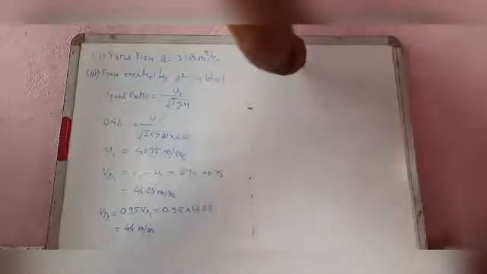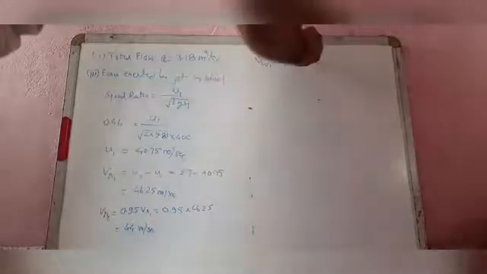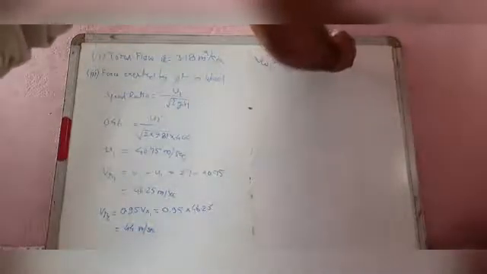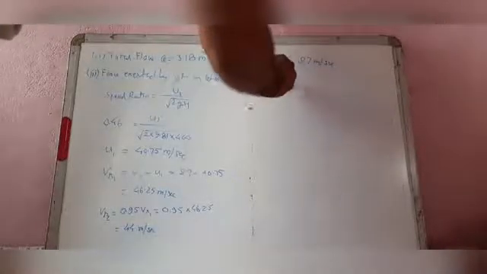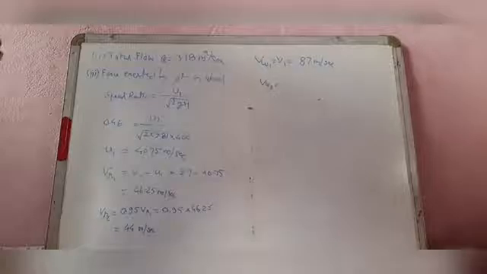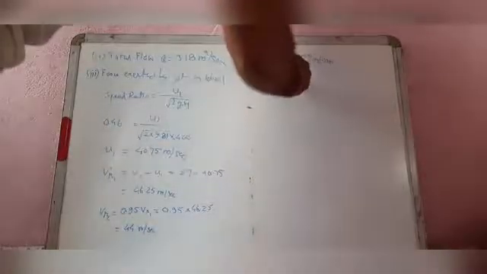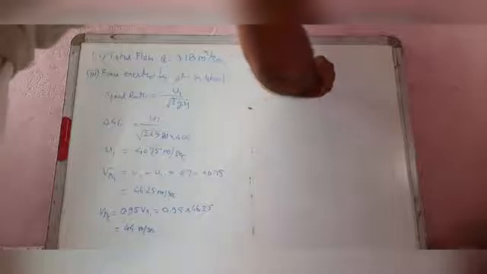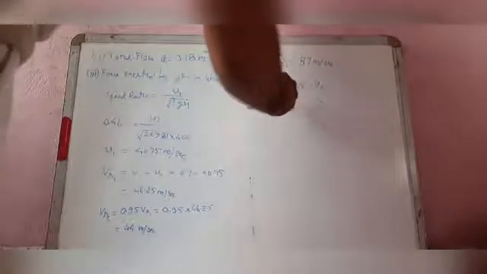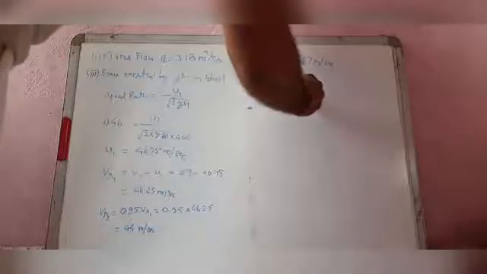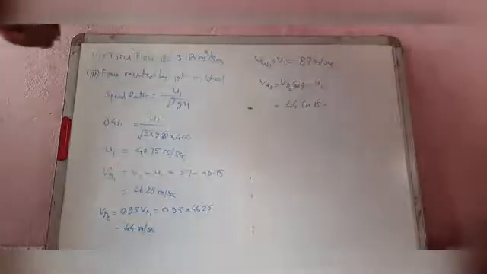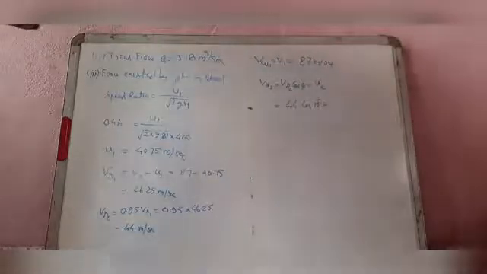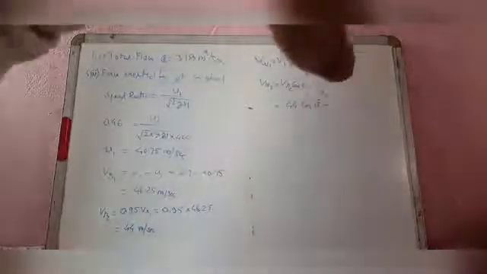And as we know, VW1 equal to V1 equal to 87 meter per second, and VW2 equal to VR2 cos phi minus U2, putting the value here, VR2 is 44 cos 50 minus U1 equal to U2 equal to 40.75.